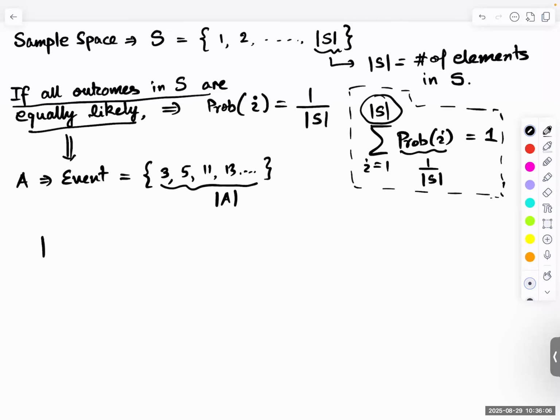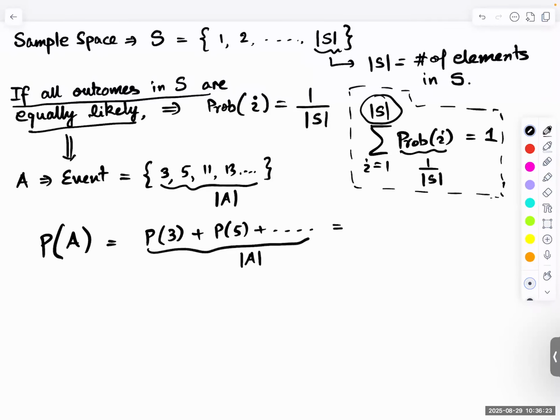Then the probability of the event A will be the sum of the probabilities of individual outcomes. In this case, it will be the probability of 3 plus probability of 5, and so on. How many elements are there in the set? Size of A, and each one is of value 1 by the size of the sample space, so the total is the cardinality of A times 1 by the cardinality of S, right?